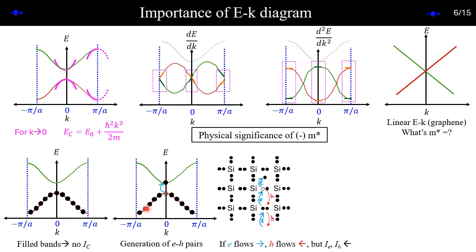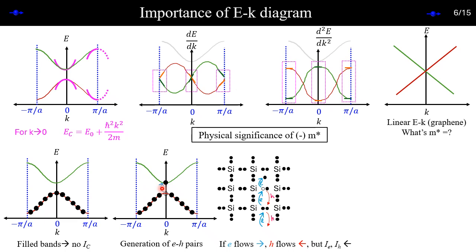Rather than tracking each electron in the valence band, you can track the holes moving, like this gap is moving. That is why we refer to the generation of electron-hole pairs. Whenever we have generation of electrons, we also have generation of holes. Is it clear now?